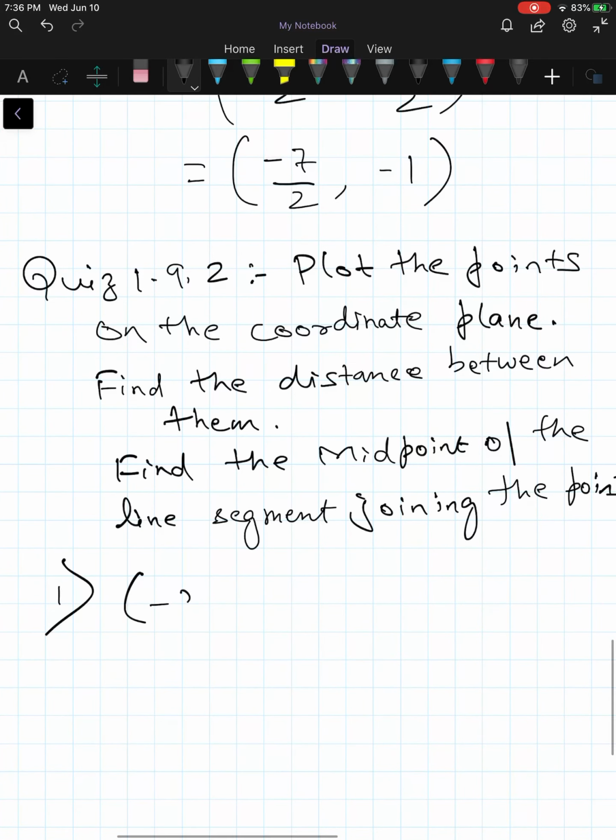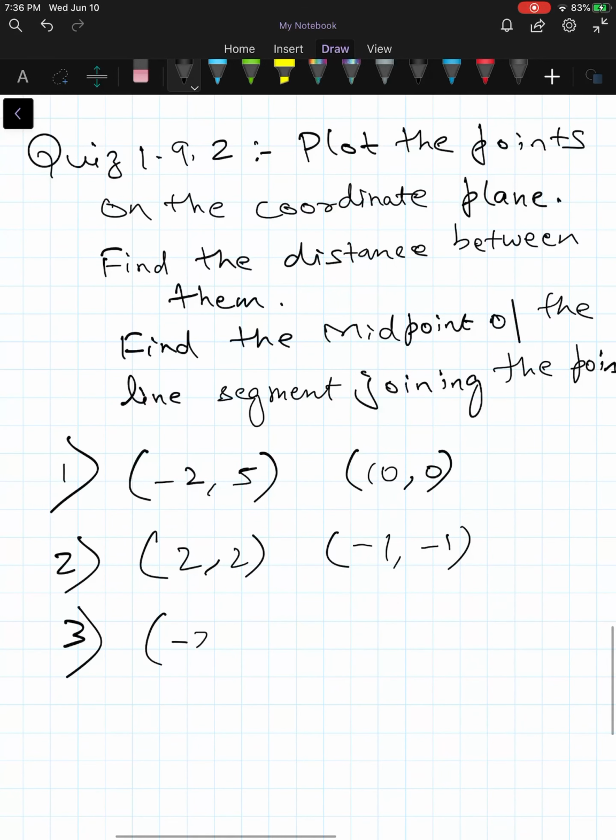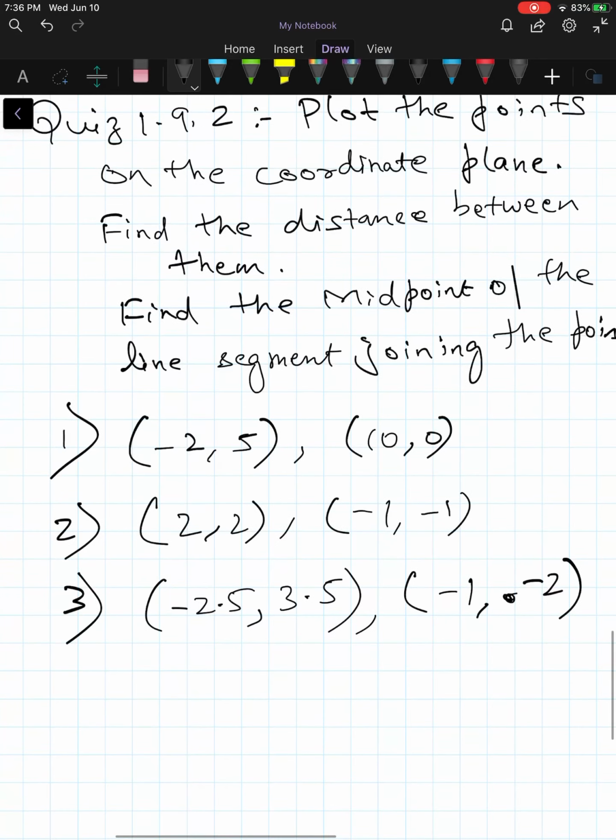So the points are, first one -2, 5 and 10, 0. Second one 2, 2 and -1, -1. Third -2.5, 3.5 and -1, -2. Sorry, -1, -2.